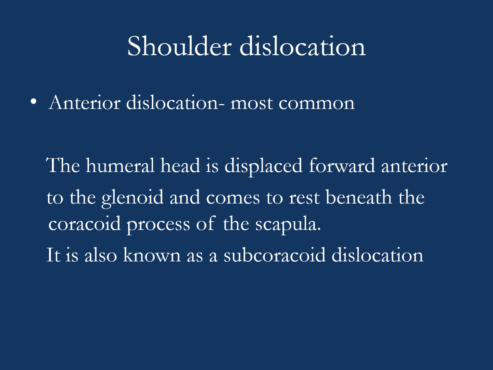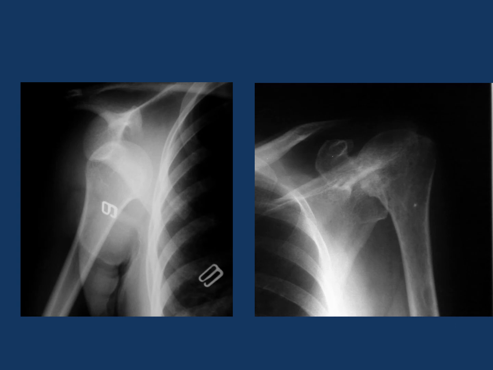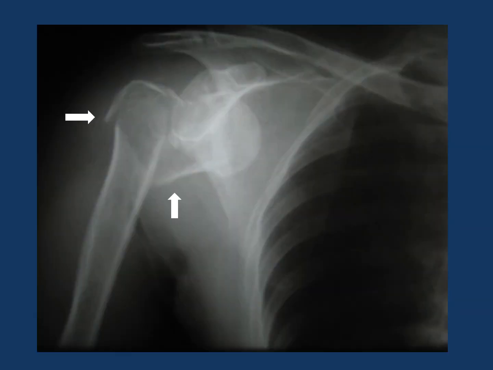It is also known as a subcoracoid dislocation. Here, this is the glenoid fossa, and you see the displacement of the humeral head. Here, aside from having dislocation, you also have fracture of the proximal humerus.